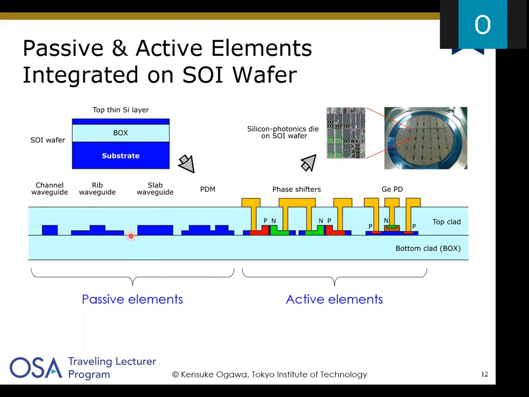So the passive waveguides are formed in this top thin silicon layer, and also the active elements, for example, phase shifters with a PN junction, and also photodetectors, photodiodes, using germanium crystals for active elements.